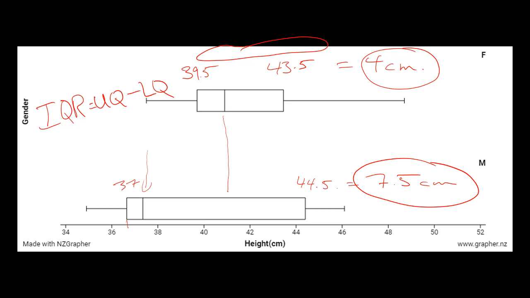Humans are usually, the males of our group are usually a little bit taller than the females. So this probably isn't humans. Maybe it's fish. Maybe it's kiwi. Maybe it's something else, right? So we need that information before we can say why.